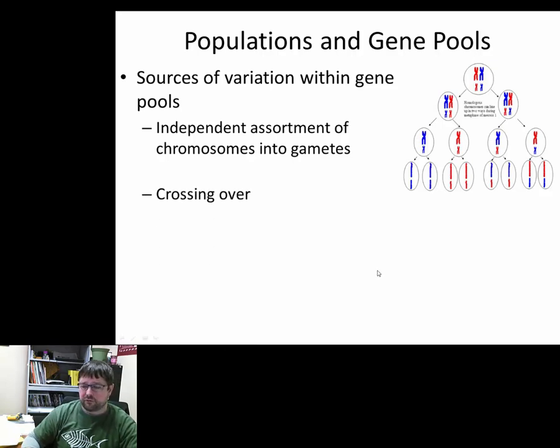The next one is crossing over. You should be fairly familiar with this also; your general biology course should have talked about it. Crossing over happens when these homologous chromosomes, dad's chromosome and mom's chromosome, line up during prophase. So right before this metaphase phase, they're going to be pairing up in prophase.